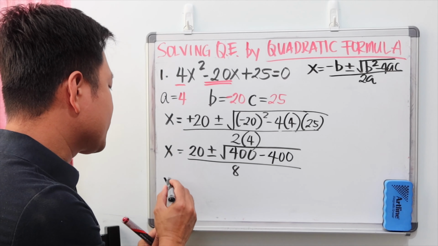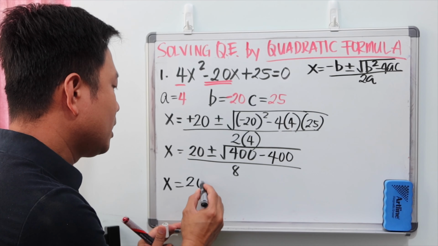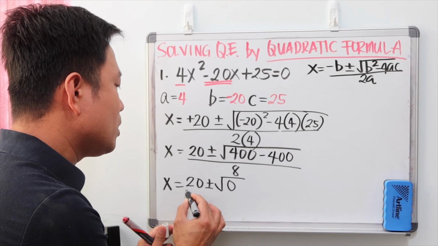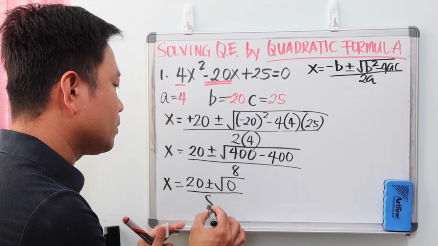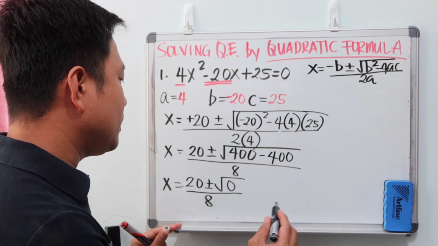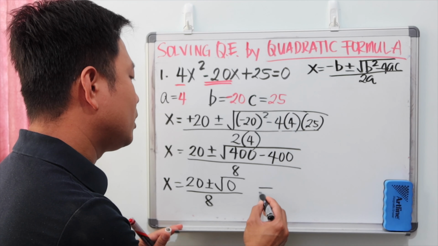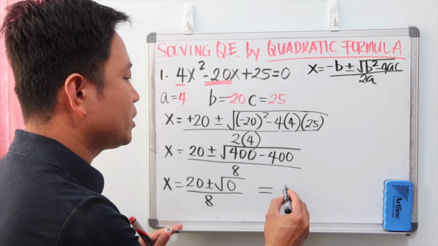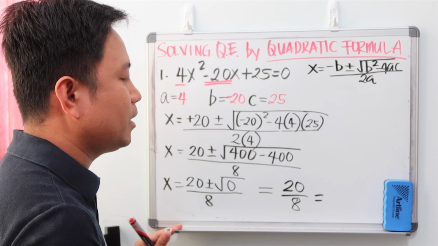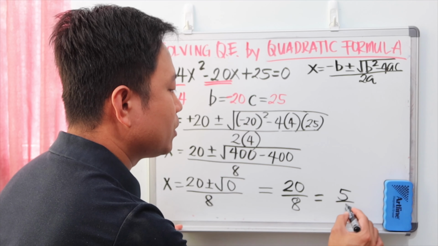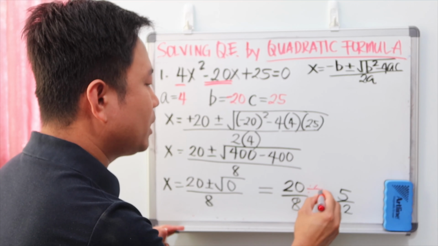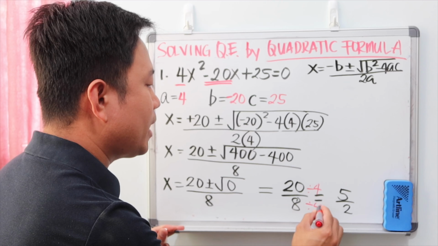So simplifying the discriminant, we have 20 plus or minus the square root of 0. And we know that the square root of 0 is also 0. So if the discriminant is 0, that means we will only have one answer for this quadratic equation, which is 20 over 8, and in simplest form, that is 5 over 2, because we can simplify the fraction by dividing both numerator and denominator by 4.